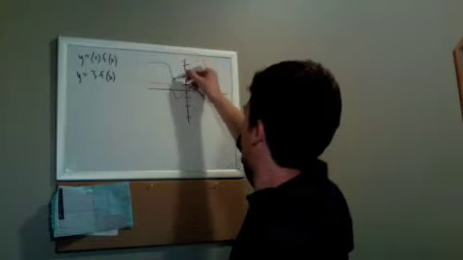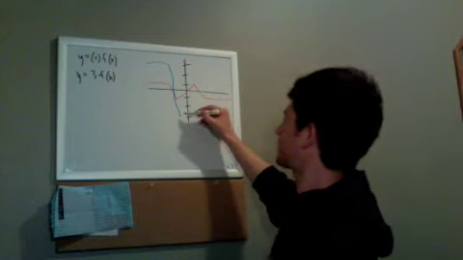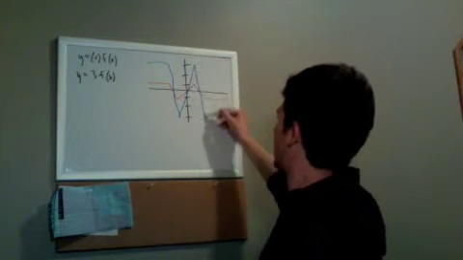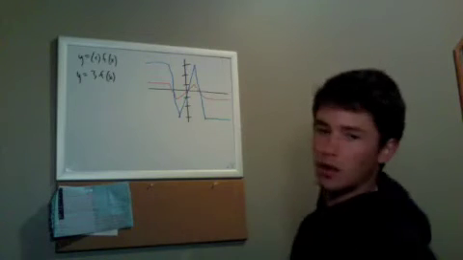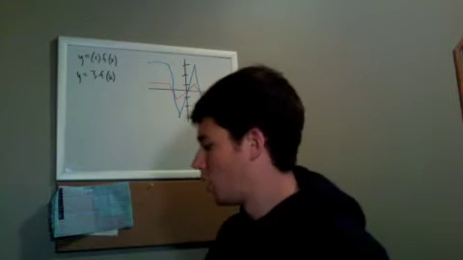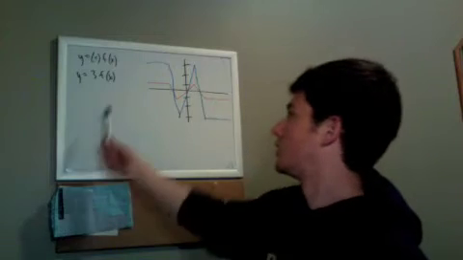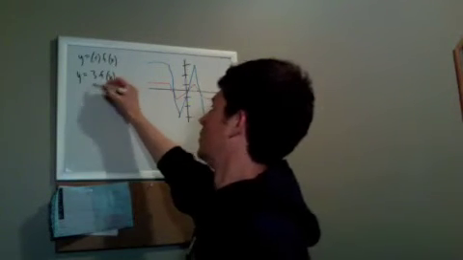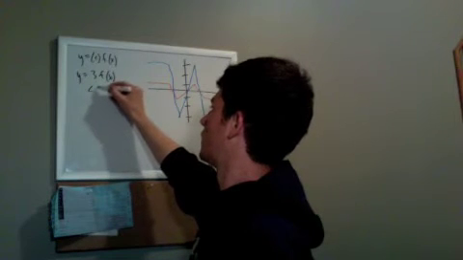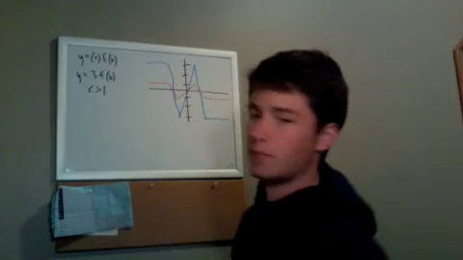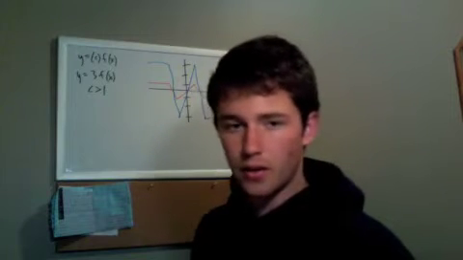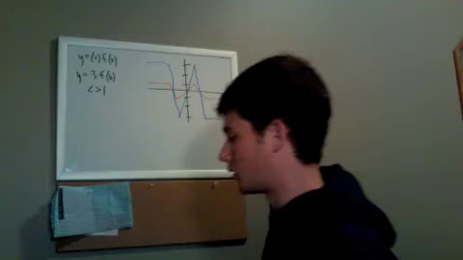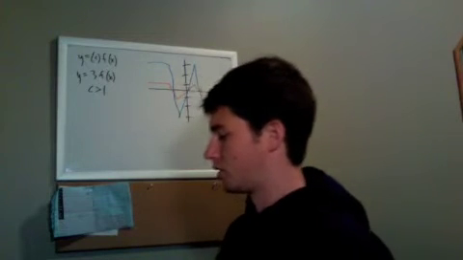But then it comes down to -3, comes back up to +3, goes back down to -3 again, and levels out. So, as you can see, when c is positive, or when c is greater than 1, then the graph will shift vertically, and that's the only change.